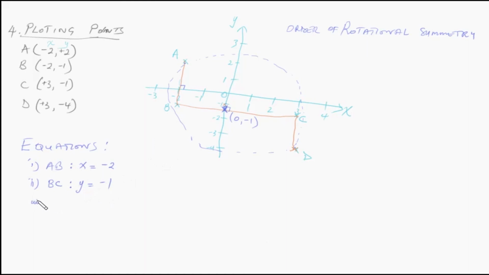CD: what is the equation of the line CD? CD, if extended, would cut the x-axis at positive 3 perpendicularly. So it's x equals 3. Those are the equations.